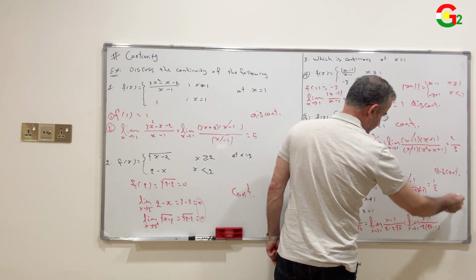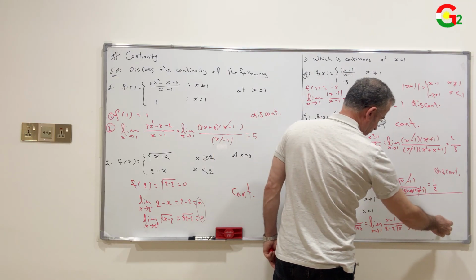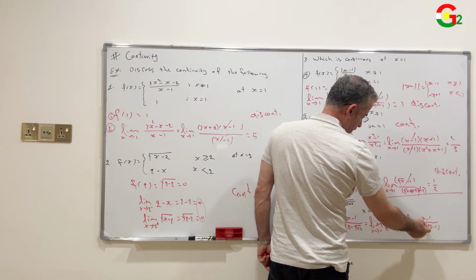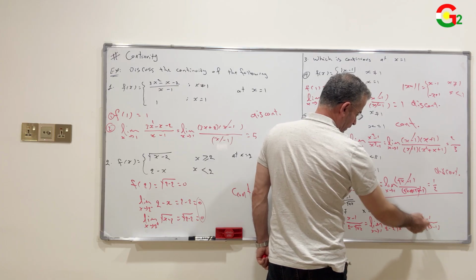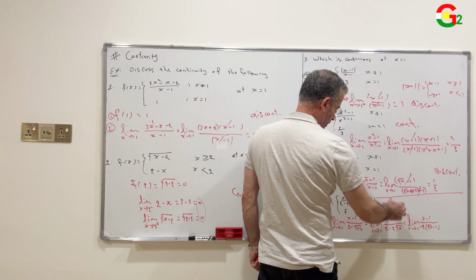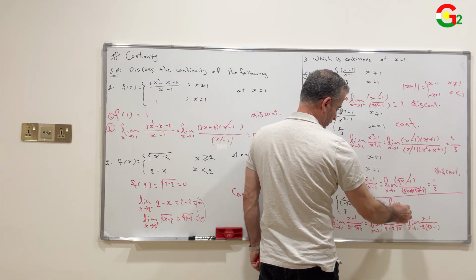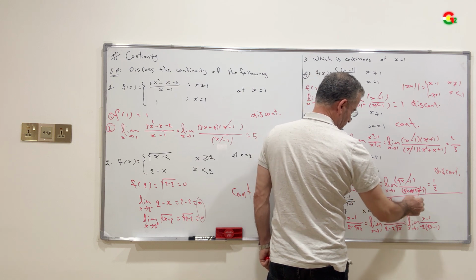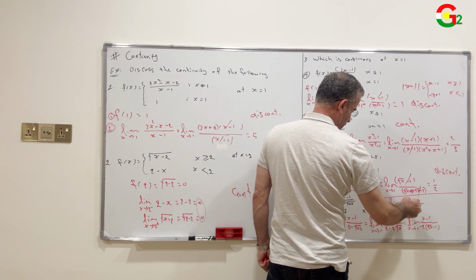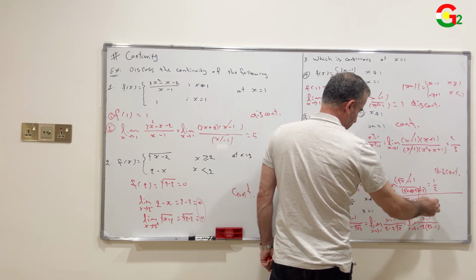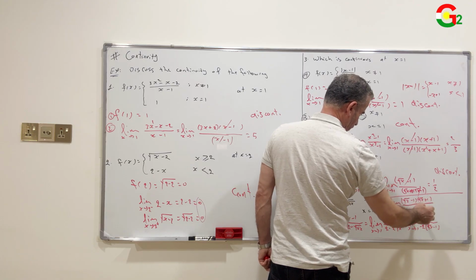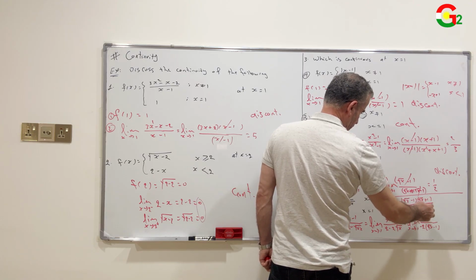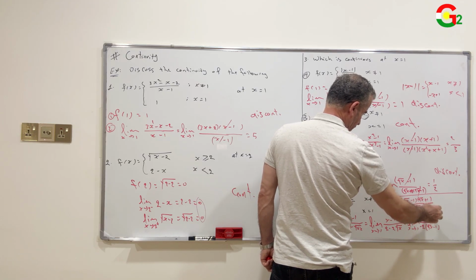Now, analyze the numerator as a difference of two squares. Then it will be the limit as x approaches 1 of (√x − 1)(√x + 1) over −2(√x − 1).